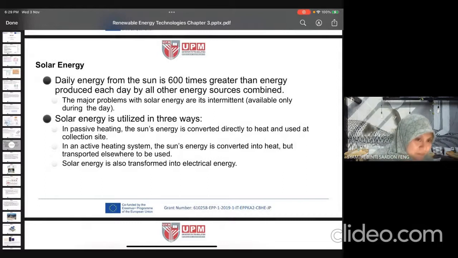Solar energy, okay. The daily energy from the sun is 100 times greater than the energy produced each day by all others. So it is assumed that solar energy has a lot of potential.